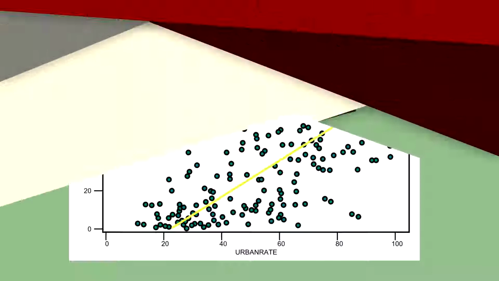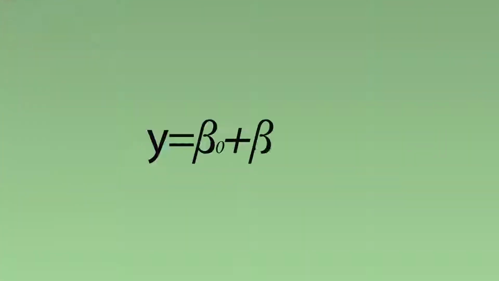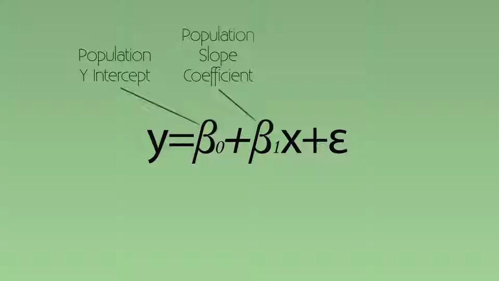In statistics, we often use terminology that's a little different from y equals mx plus b. Our symbols y and x remain the same, but we call the slope of variable x the beta sub 1 value, and the intercept of our model is called our beta sub 0 value.